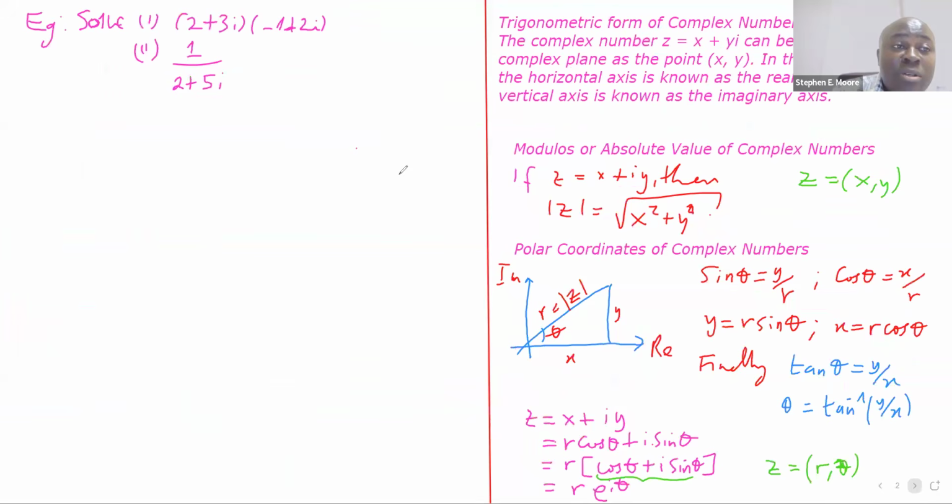So let's consider an example of solving complex numbers in this sense, right? Here, what we are going to do is take the first one.